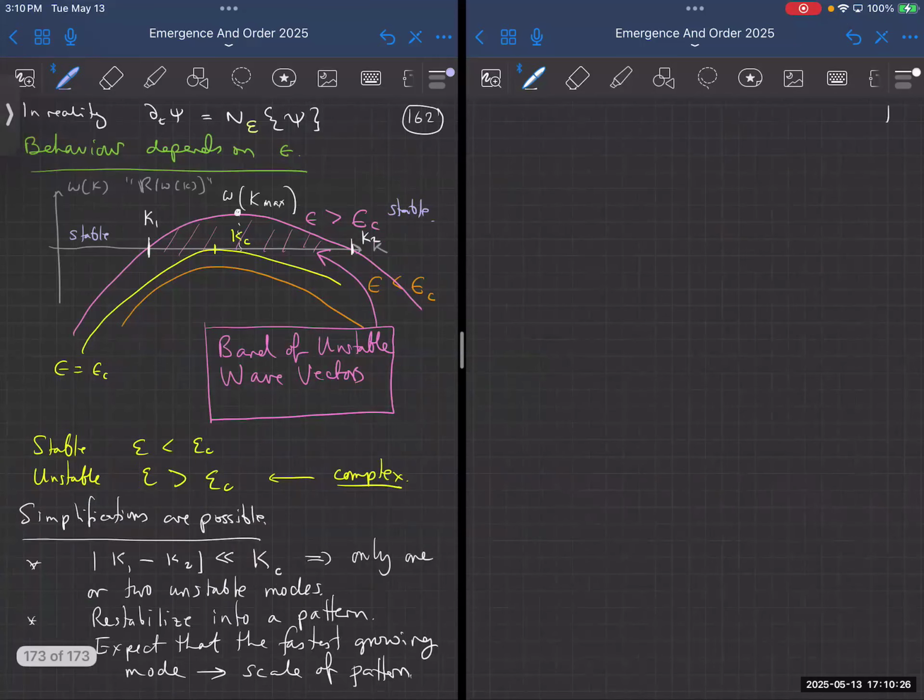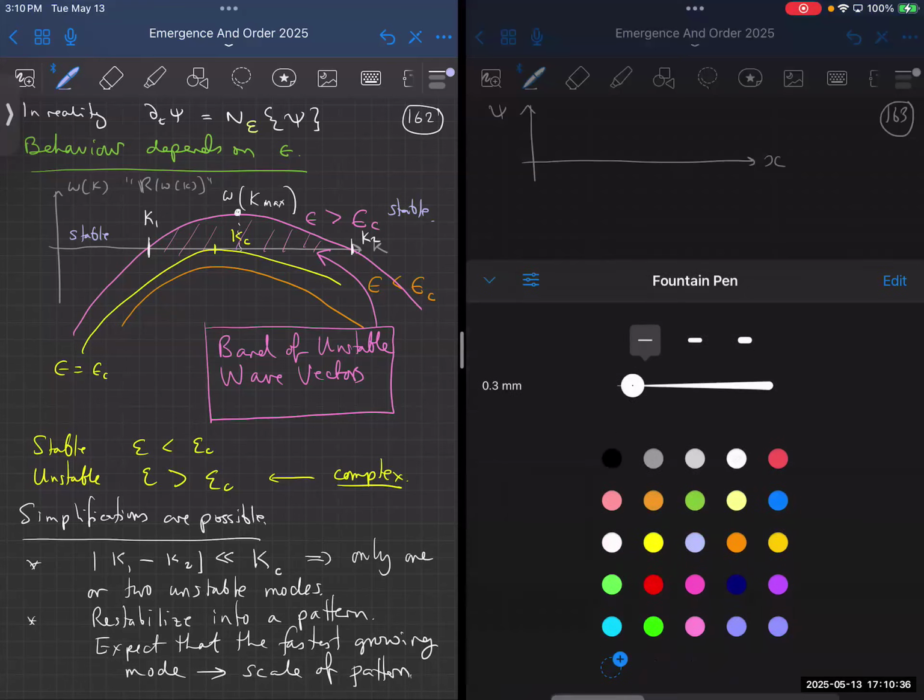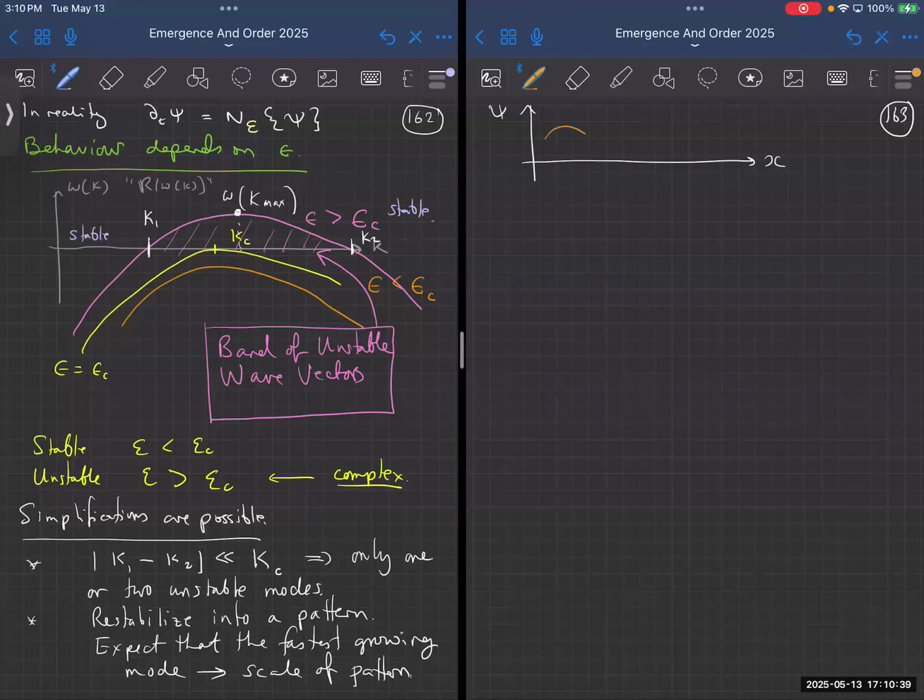And so then what we would expect is that the physical picture in space looks something like this. Here is my order parameter. It's now some periodic pattern like that.